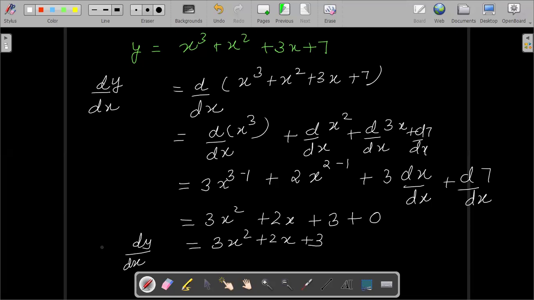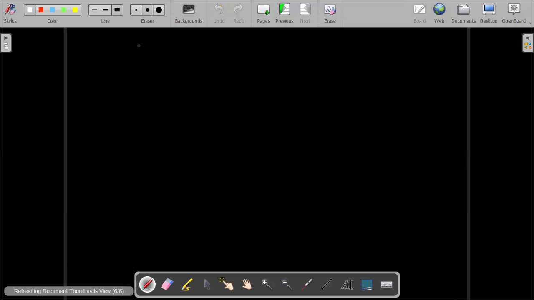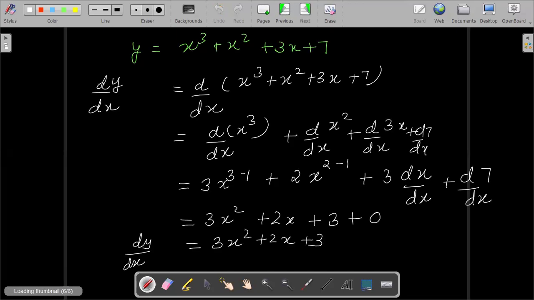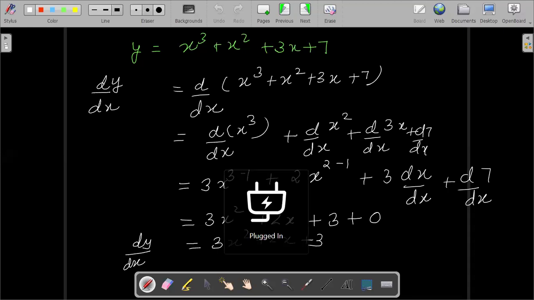Okay, sir. Try this one and try to find out again. So I have y equals to minus of 2x squared plus 4x minus 1.